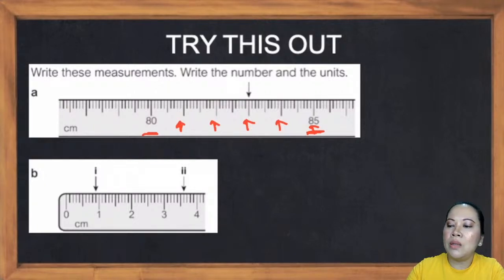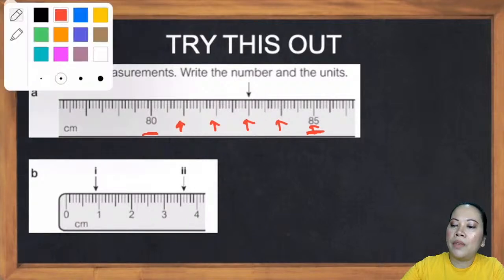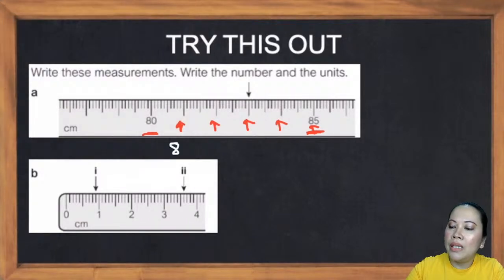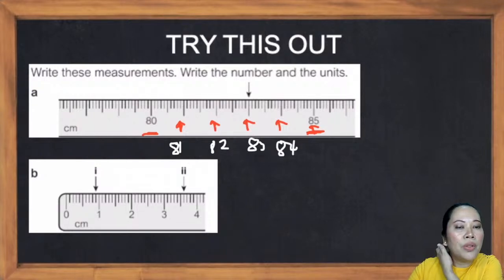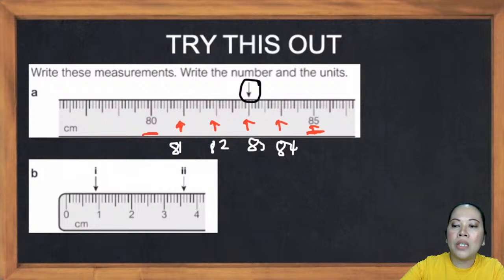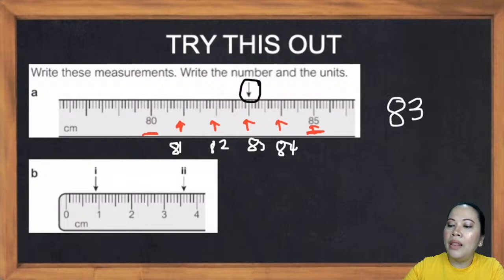So that means this one will be 81, this will be 82, this will be 83, this will be 84, this will be 85. Therefore, the arrow that is being asked about, what is the measure? The measure would be 83. And then you look at what unit is given. It's in cm, so 83 cm.